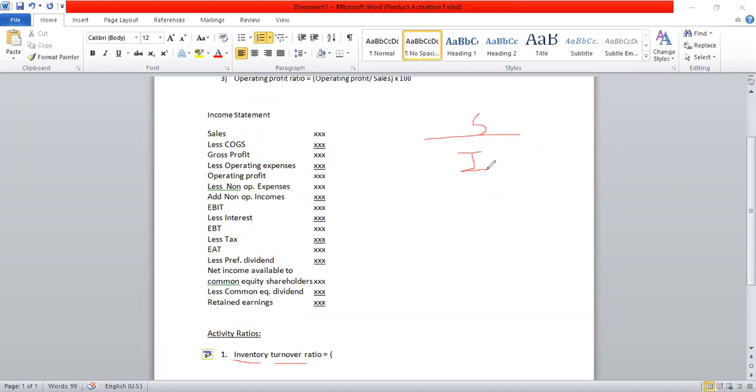The denominator variable is inventory, which is always valued at cost price, so there would not be the right match. So what is done is, from the numerator sales, the profit margin is eliminated. So we call it cost of goods sold, and that numerator is divided by inventory, multiplied by 100.